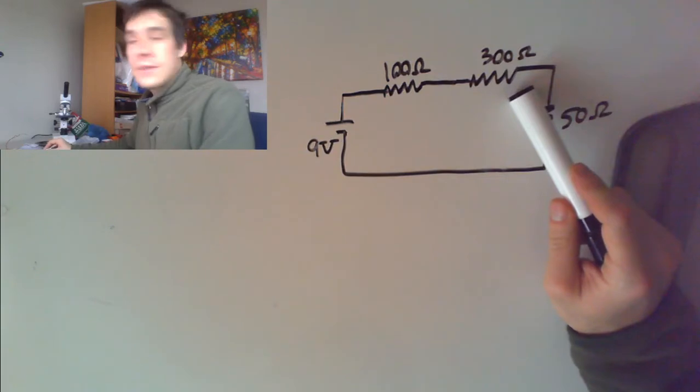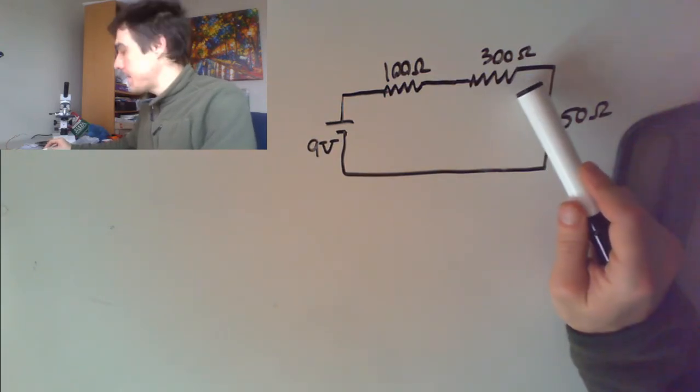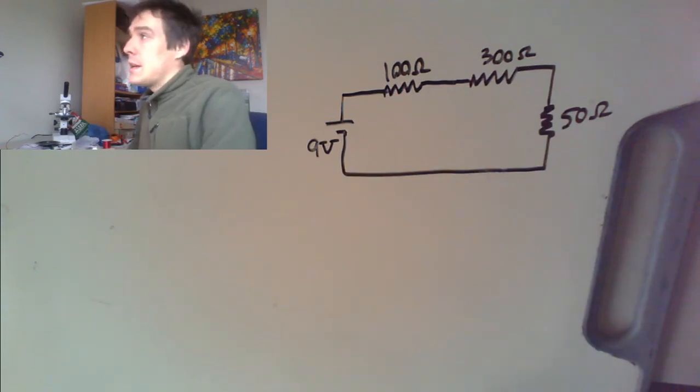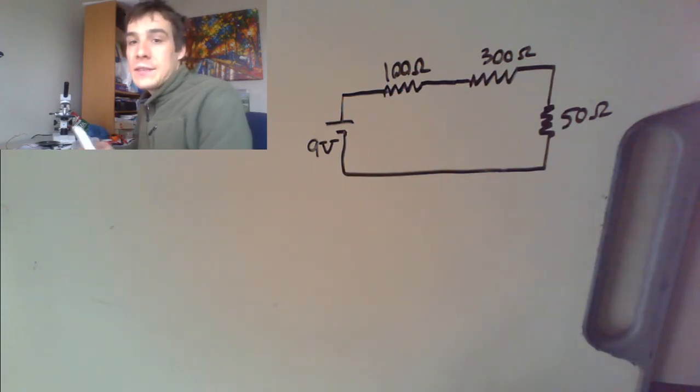This one is the highest resistance, the 300, so we expect it to have the most voltage drop, which kind of makes sense, because it's the most energy that's going to get lost.